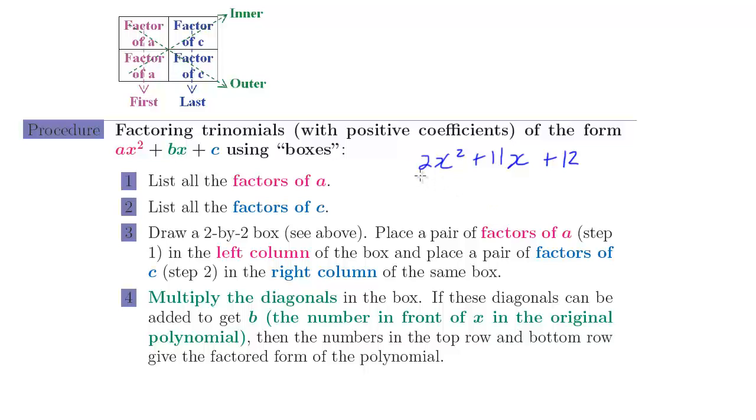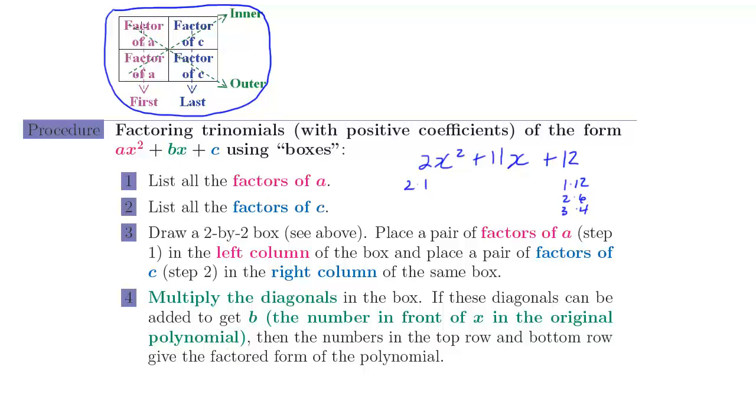And your first step is to list all the factors of a, so maybe 2 times 1 in this case. Then you list all the factors of c, so 1 times 12, 2 times 6, 3 times 4 in this particular example that we've been working with. Then you draw a 2 by 2 box like this.